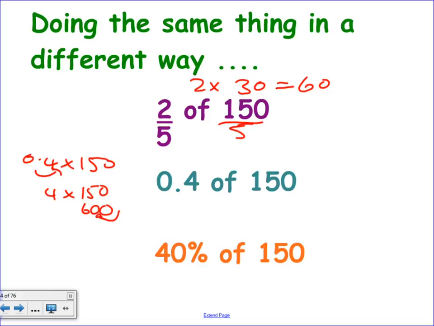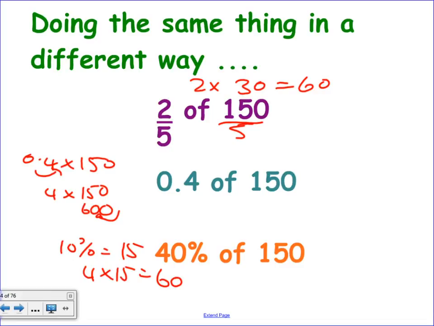Okay? And then finally, we've just been doing percentages of amounts. So 2/5 is exactly the same as 0.4, it's exactly the same as 40%. So 40% of 150, we talked about the 10% rule, which gave us 15, and we multiply it by 4, and again we get 60.